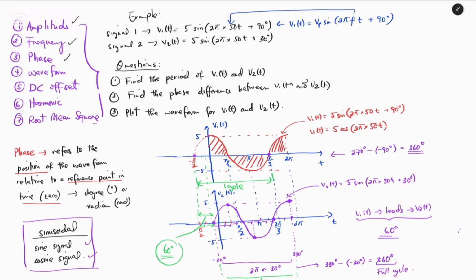The first signal is shifted by 90 degrees, and the second sine signal is shifted by 30 degrees. So given any question along this manner, you can compare by finding the period between the waves. You find the phase difference between the waves. They may have different amplitude, but the important thing is that we are trying to understand how the signal is shifted.